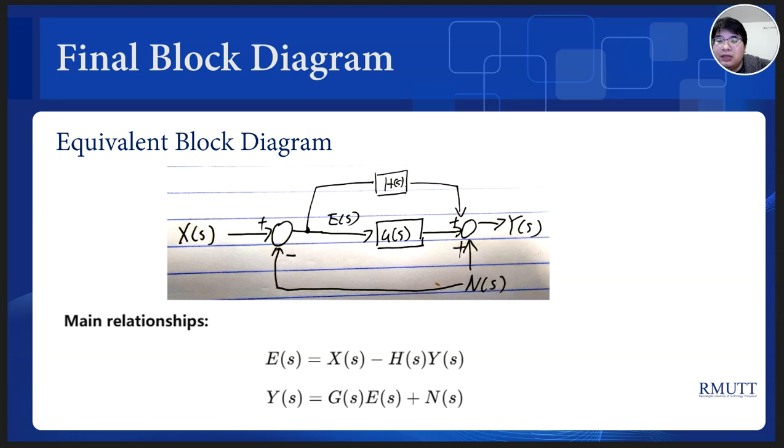After that, N(s) is added before the final output Y(s). The equations of the block diagram are E(s) equals X(s) minus H(s) times Y(s), and Y(s) equals G(s) times E(s) plus N(s).